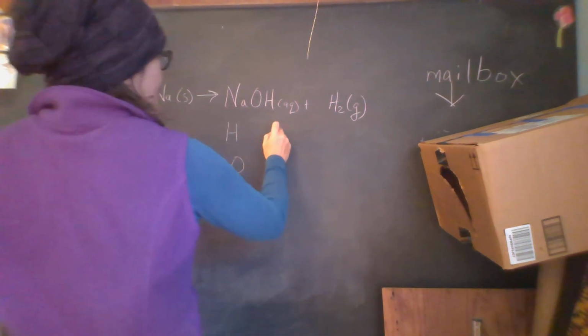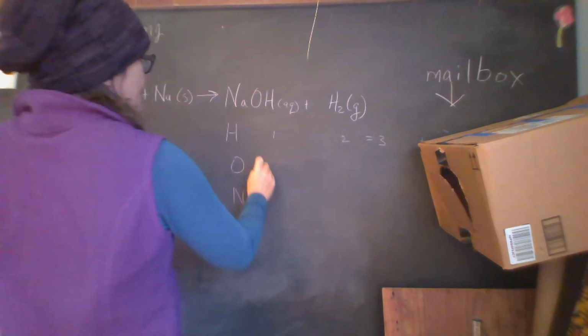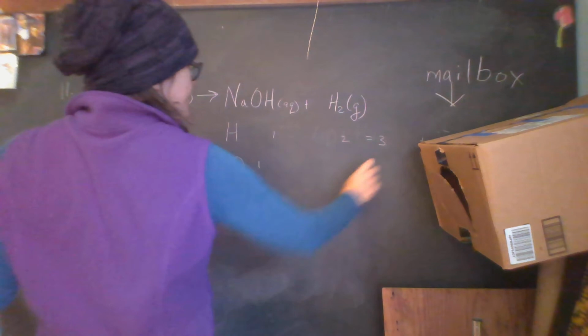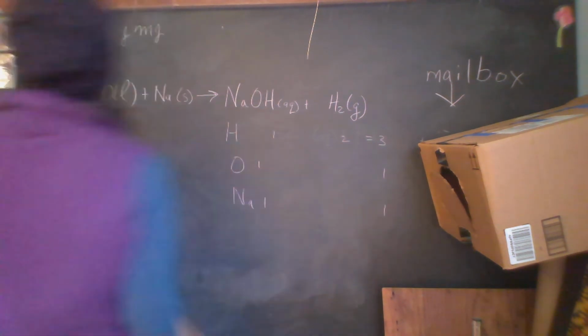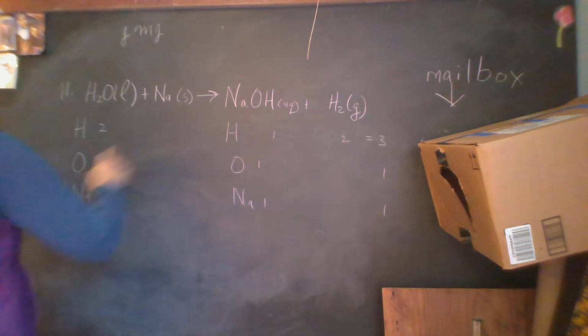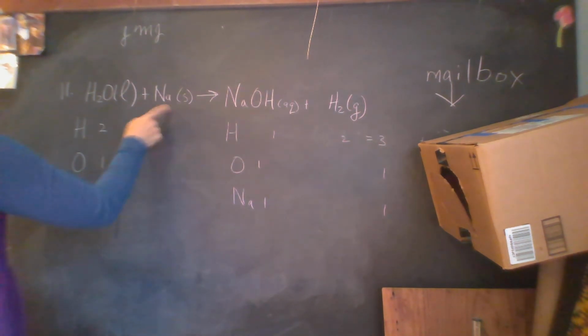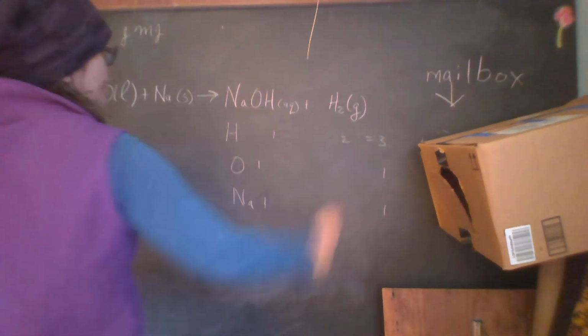Okay, hydrogen we have 1 and 2, that makes 3. Oxygen we have 1, and sodium we have 1. Okay, hydrogen here we have 2. Oxygen 1. Okay, so what is not matching is our hydrogen, where here we have 3.